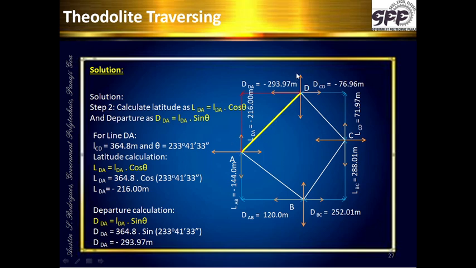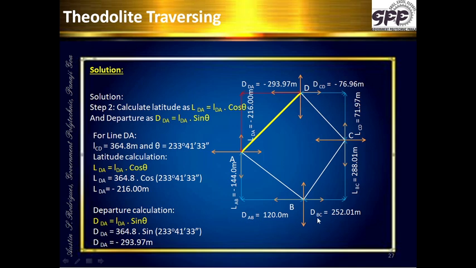It is on the west side. Since it is on the west side, the departure is negative. The projection of this line gives the magnitude, which is 293.97. It is also known as the westing of the line DA. Westing of the line DA is 293.97 meters.